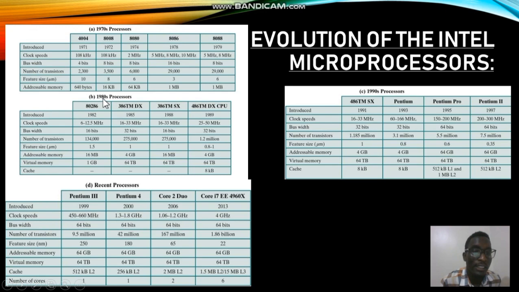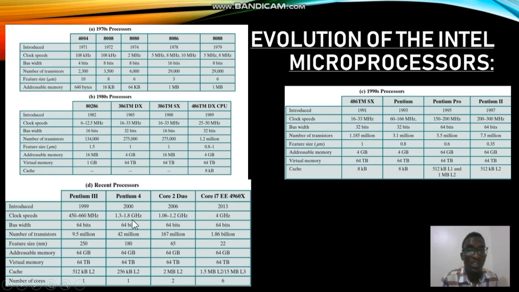In the 1980s, you could see that they even introduced cache in the 486 DX CPU, where they introduced 8 kilobytes of cache together with 64 terabytes of memory and 4 gigabytes of addressable memory.